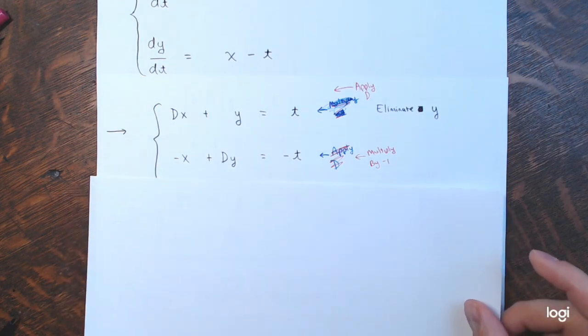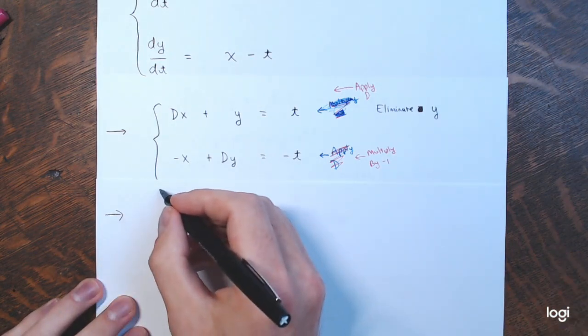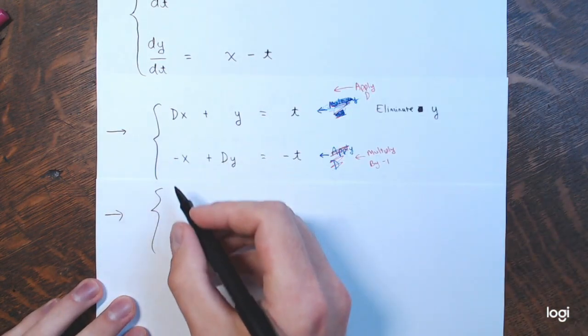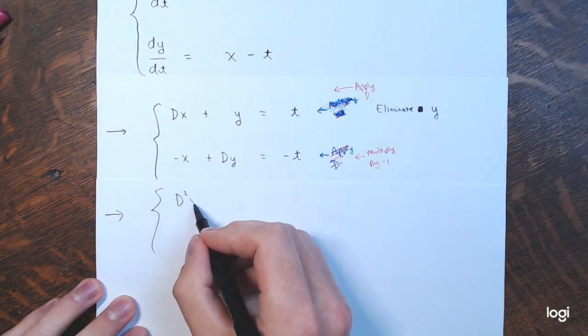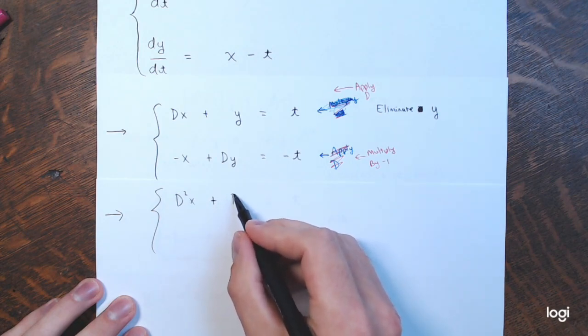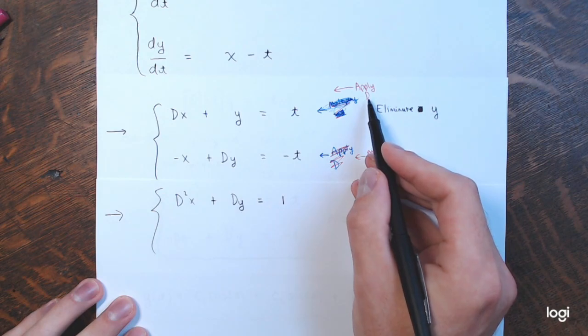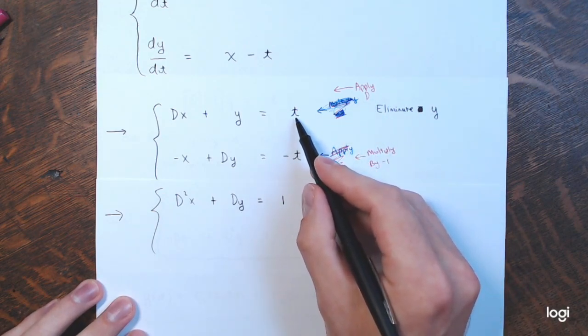If I go back and eliminate y, we'll do those two applications. We have d squared x, the second derivative of x with respect to t, plus dy equals 1. Remember, d is the derivative with respect to t. The derivative of t is 1.